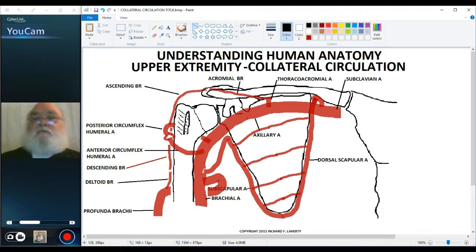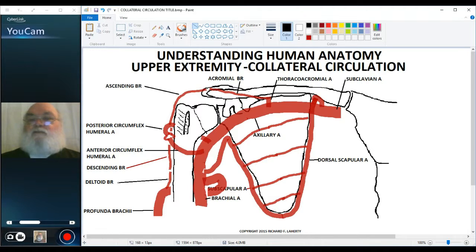So when we look at posterior and anterior circumflex humeral, they provide a collateral route between them in and around the surgical neck of the humerus.